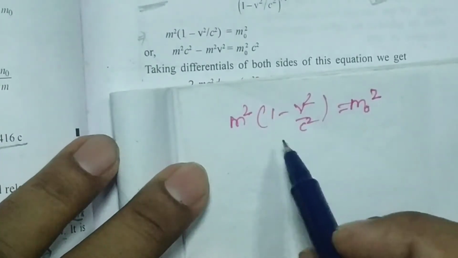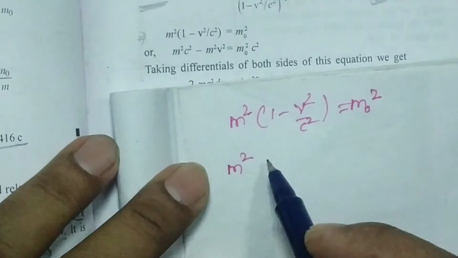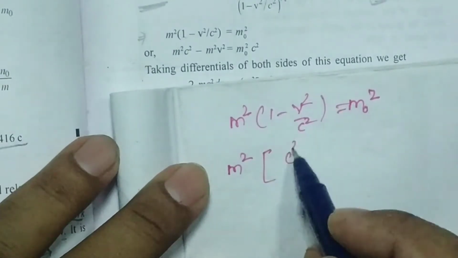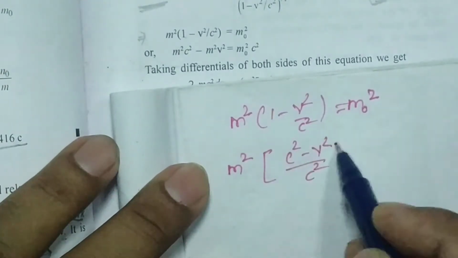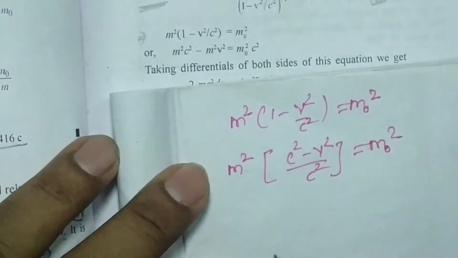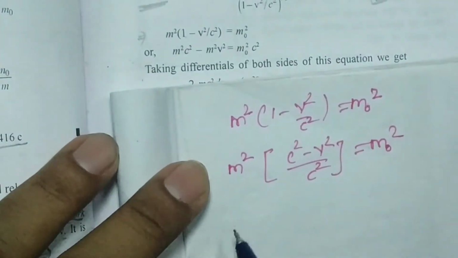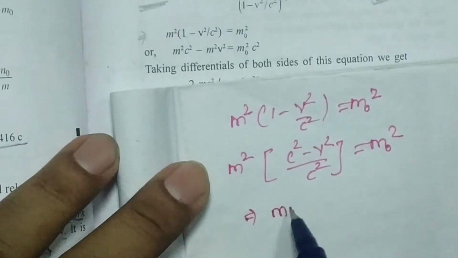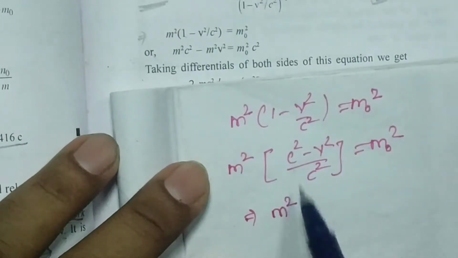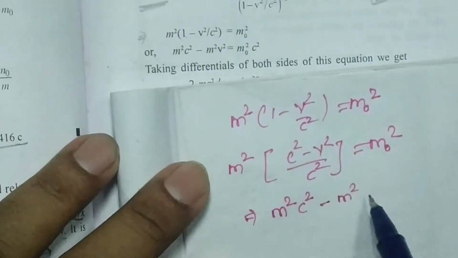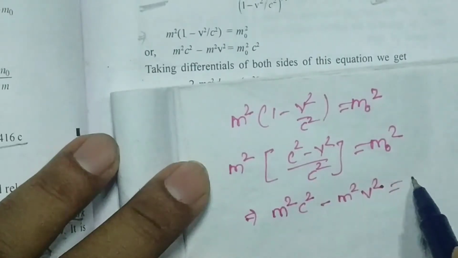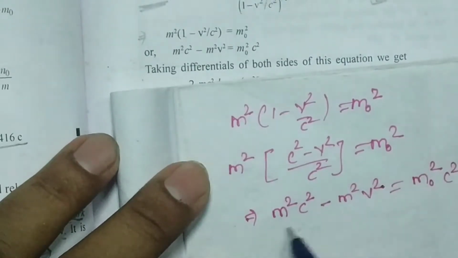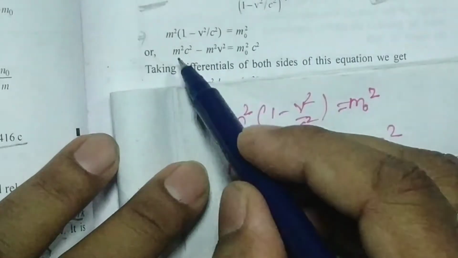It can be written as m square into c square minus v square by c square is equal to m0 square. That implies m square c square minus m square v square is equal to m0 square c square.